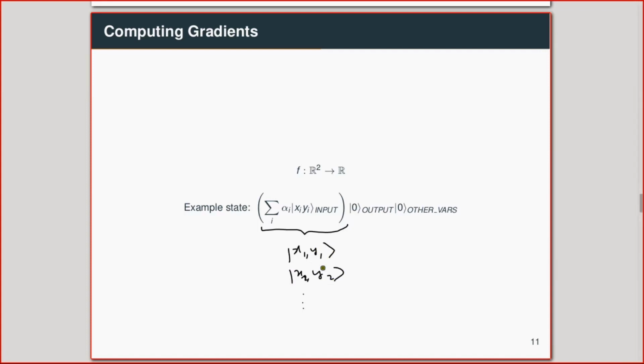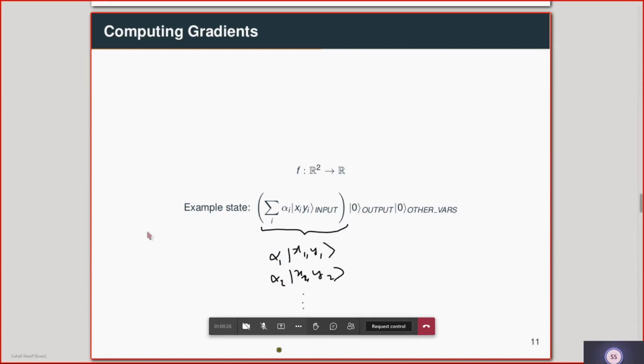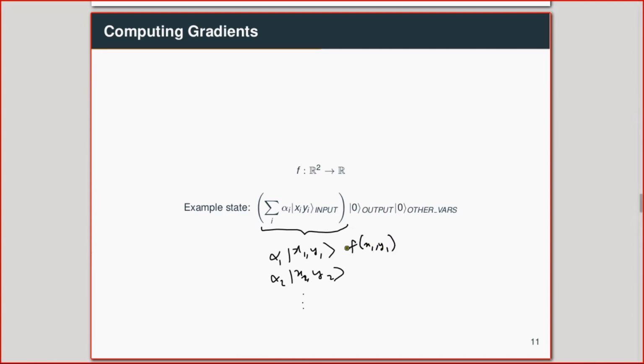So it's also in the state x1, y1, it's also in the state x2, y2, along with some appropriate coefficients. And if I make a query with the state in mind, I will also get the values f(x1, y1), along with x2, y2, I will get the values f(x2, y2). So you've created a superposition of what query you're going to make, and then you make the query, and it's kind of like you've also found out all the outputs in parallel, but they are still in the superposition with the same coefficients.